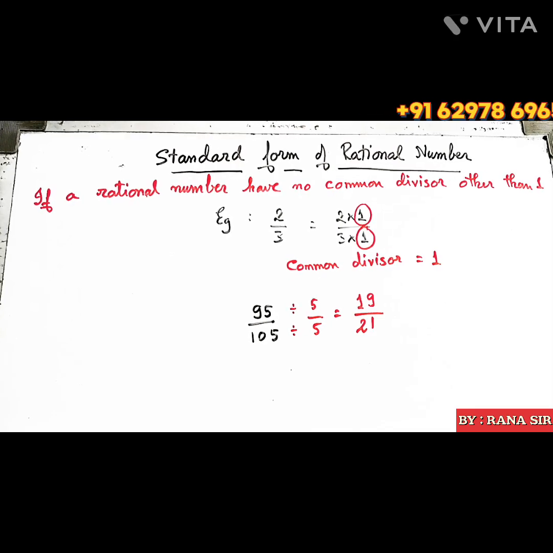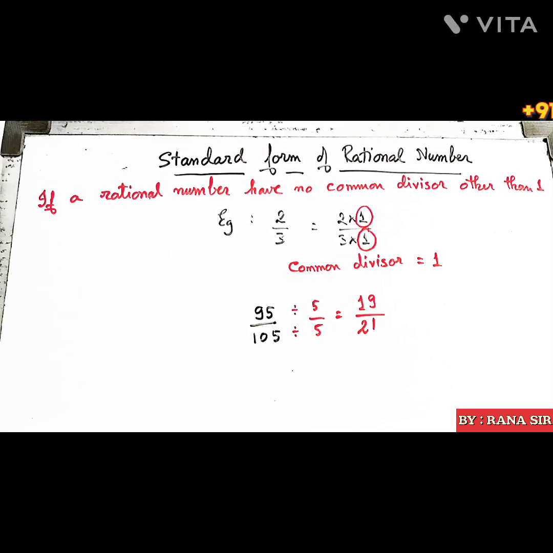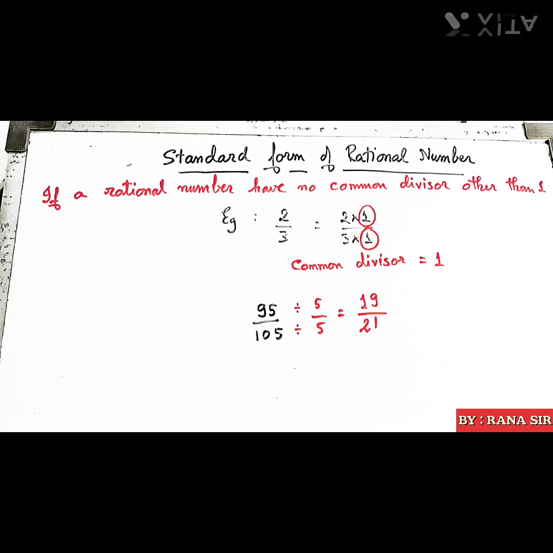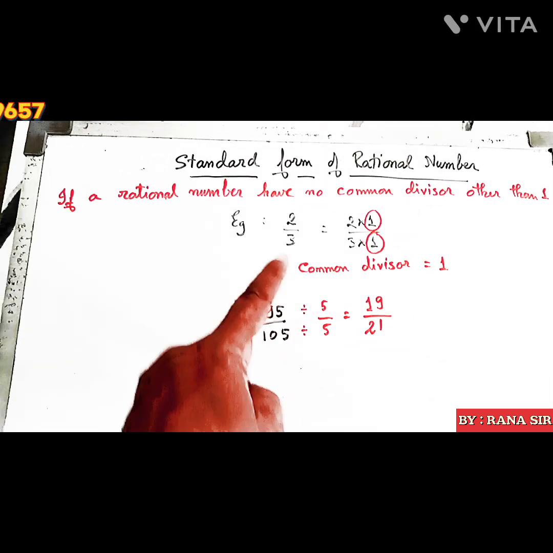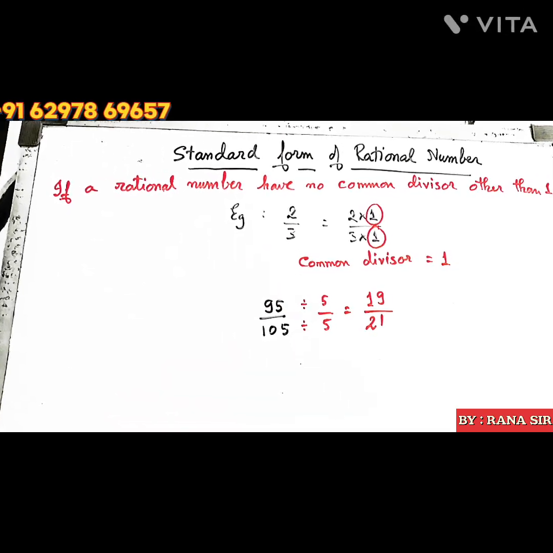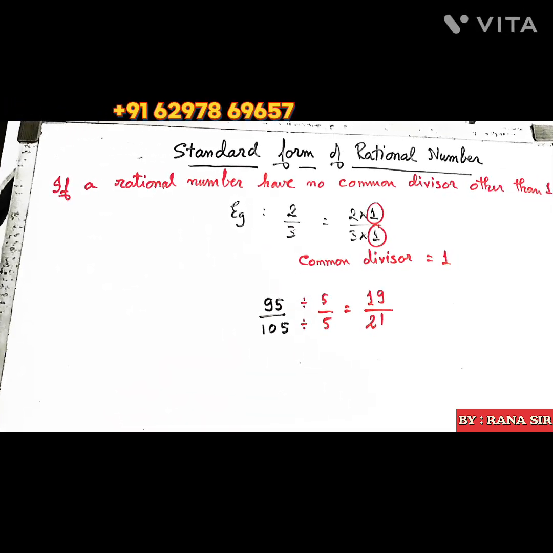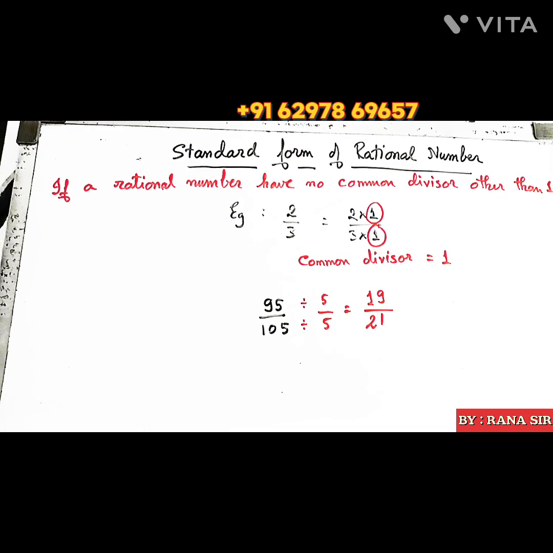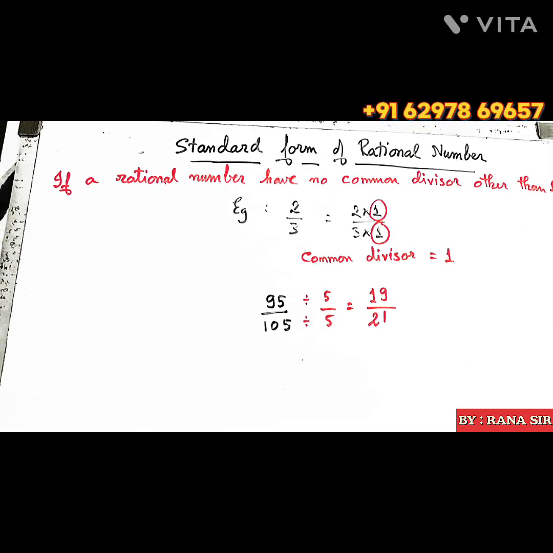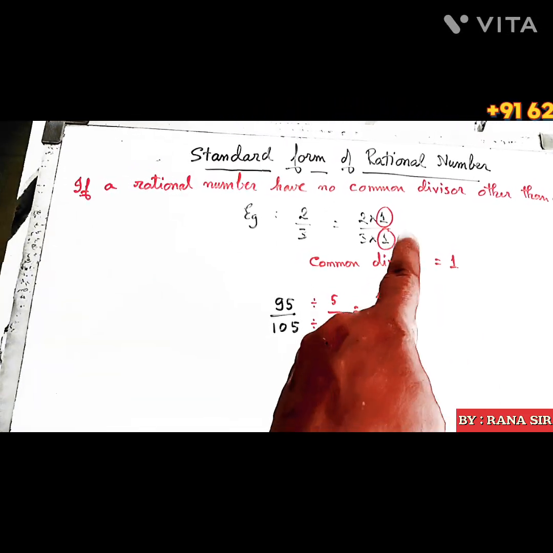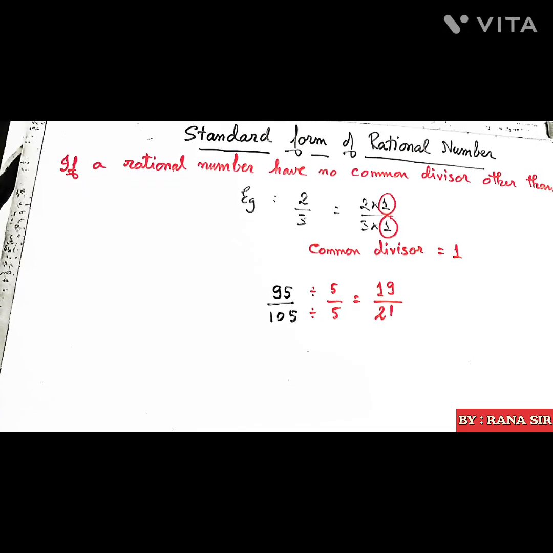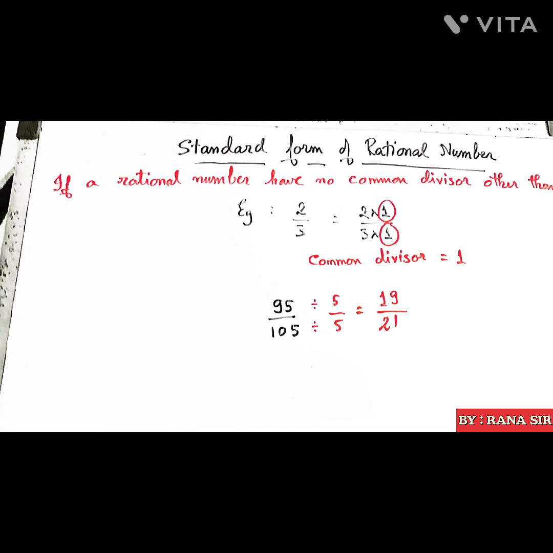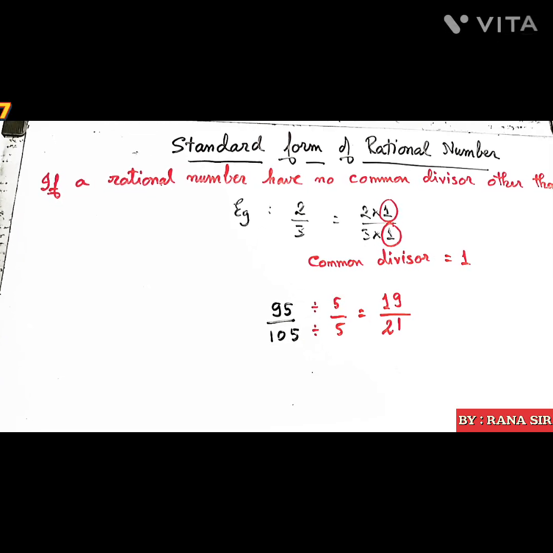A rational number is said to be in standard form if there is no common divisor other than 1. For example, 2 by 3: 2 can be expressed as 2 into 1 and 3 can be expressed as 3 into 1. So 1 is a common divisor, and apart from 1 there is no other common divisor. Hence 2 by 3 is a rational number in its standard form.